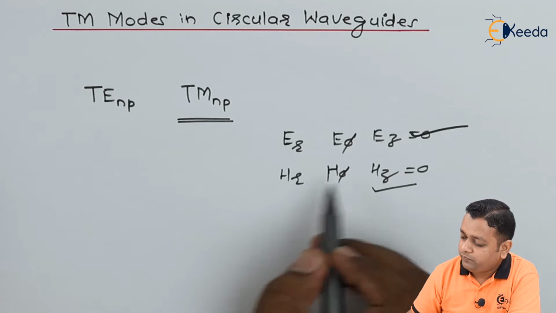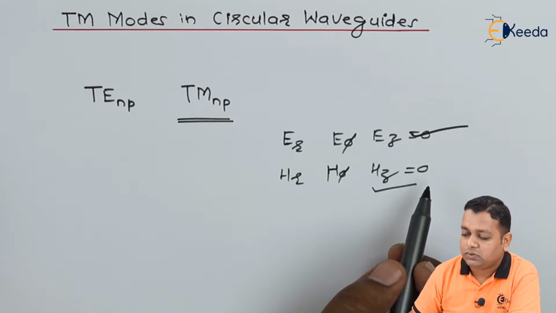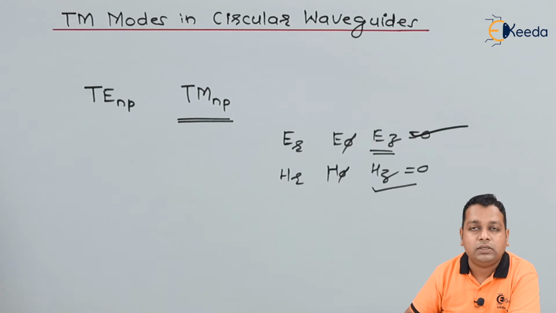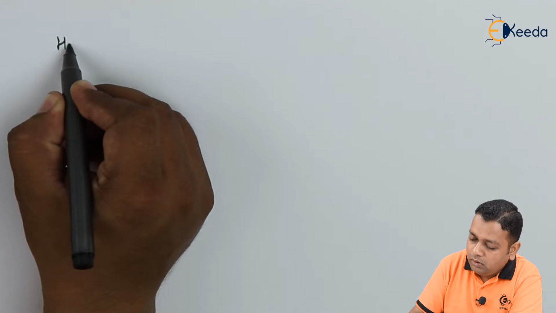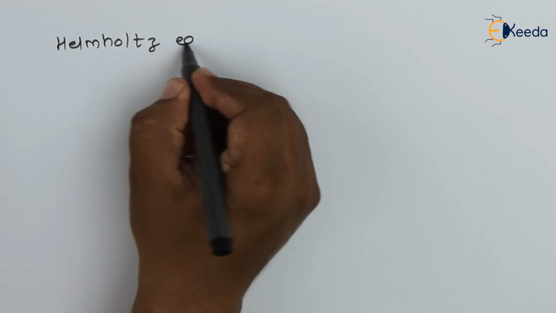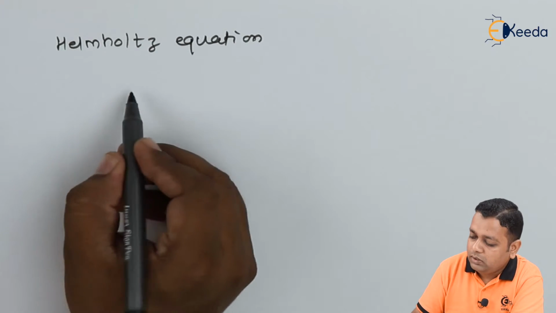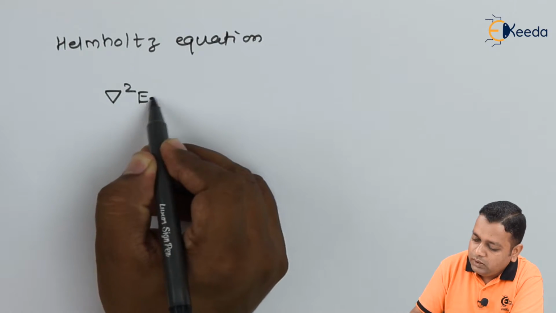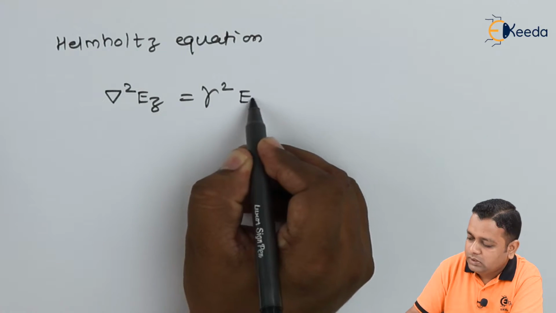So let us continue the derivation considering Hz equal to 0 and the Helmholtz equation corresponding to the Ez component. The Helmholtz equation for the Ez component is represented as del square Ez is equal to gamma square Ez.